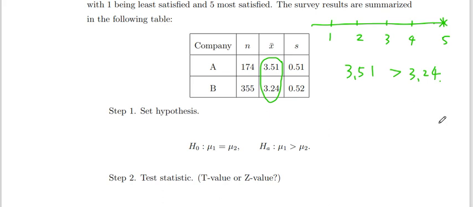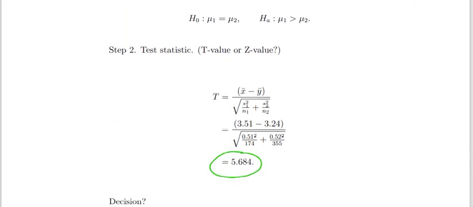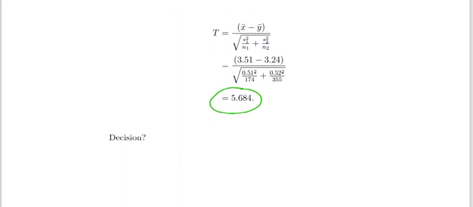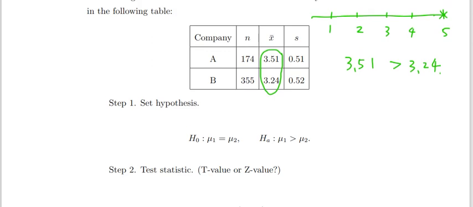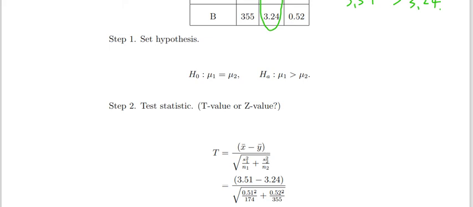So today's topic is the two sample problem. The process for testing is quite the same as the one sample problem: find the test statistic, then check the table. The only thing that is different is the formula. Here we use the test statistic x bar minus y bar over the square root of s1 squared over n1 plus s2 squared over n2.